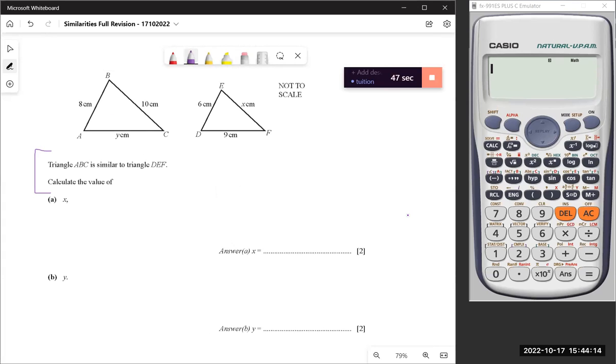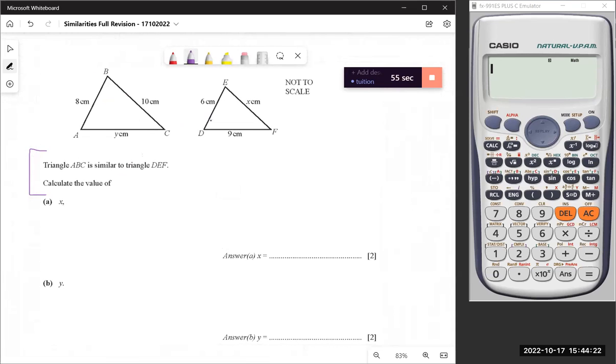Calculate the value of x and y. Okay. First thing, we know that these are similar. Now we take corresponding sides. This is the same as this side, this is the same as this side, and this is the same as this side. Now, which two corresponding sides do we know?